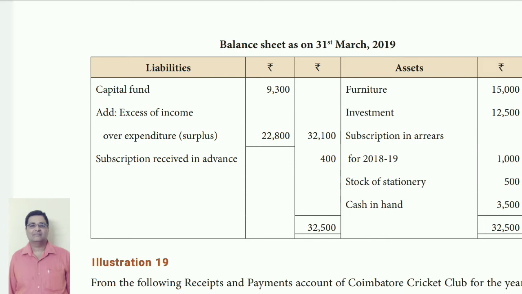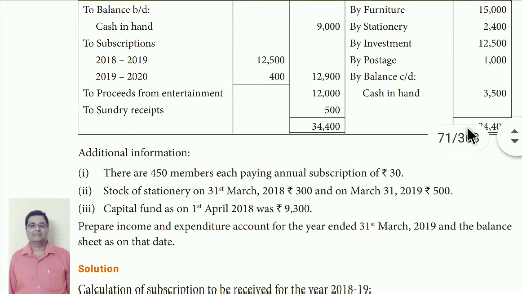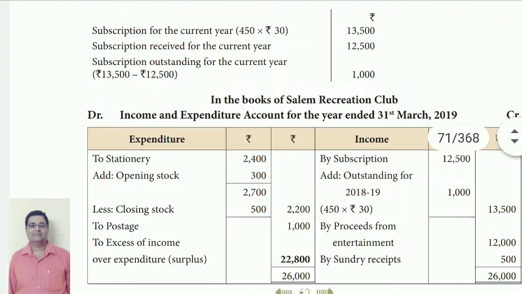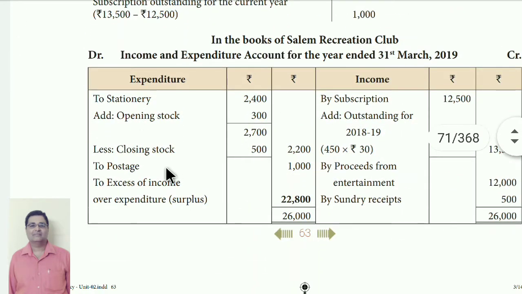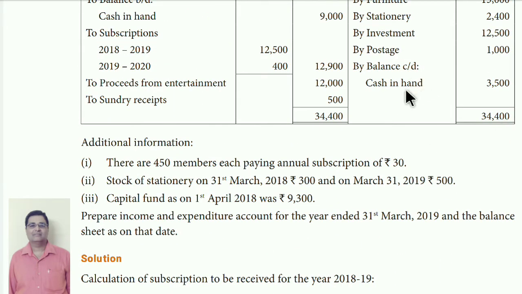Next one is postage. In your question, postage 1,000. Postage is an expense, so we write it as expenditure, postage. See the last line, by balance carried on, cash in hand 3,500.